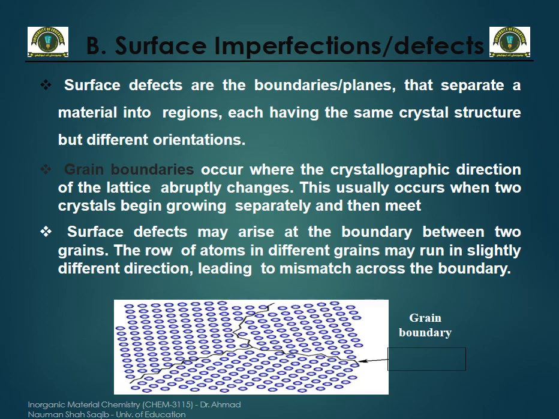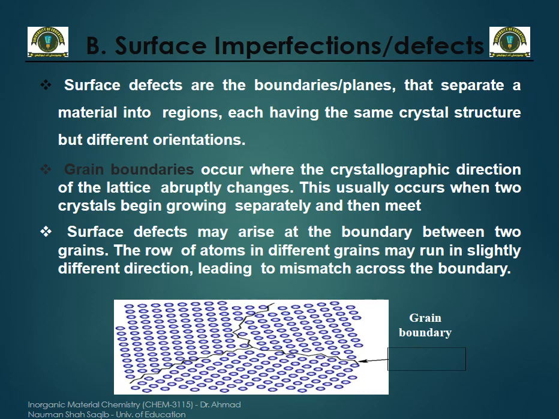Grain boundaries occur where the crystallographic directions of the lattice abruptly change. This usually occurs when the two crystals begin growing separately and then meet. As in the figure, there are the planes and some kinds of boundaries which actually separate the differently oriented crystal structures.